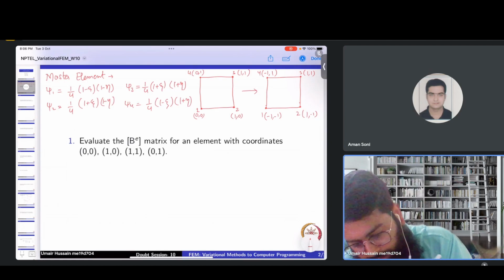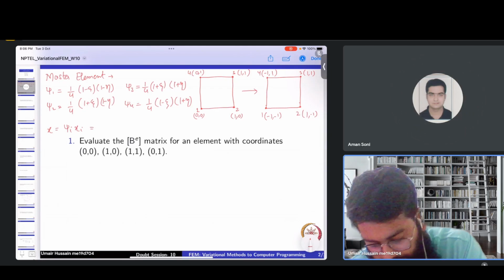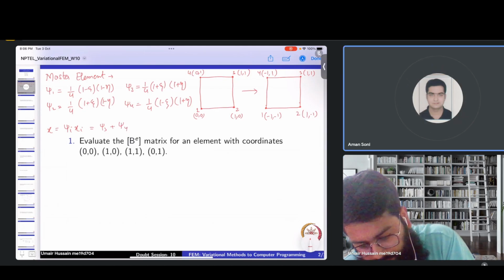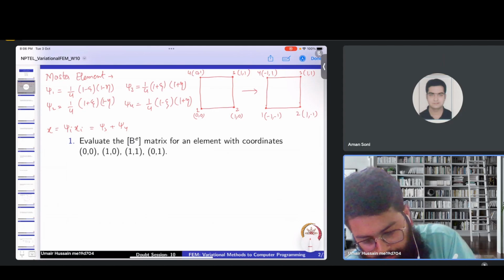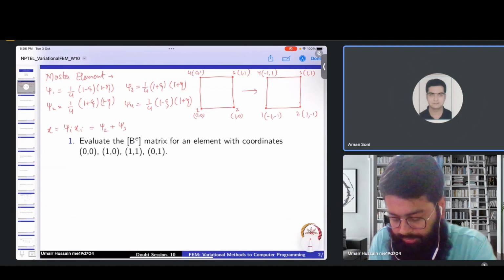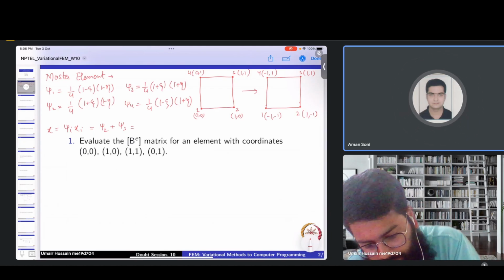So we can define a mapping as x equals the sum of Ni xi, which will give us that is 0 here. So we'll have N3 plus N4, because x is 1. No, no, I think N2 and N3, isn't it?